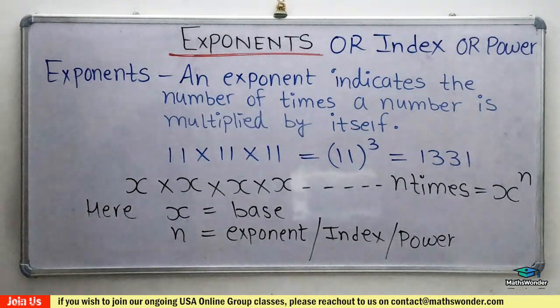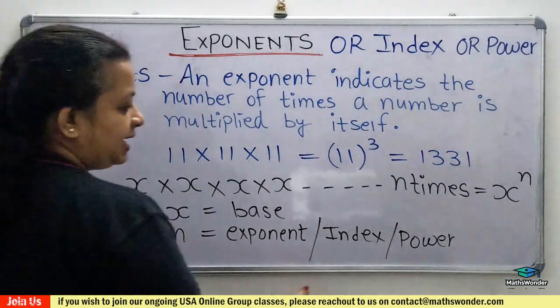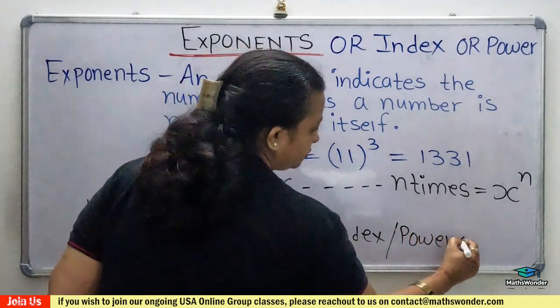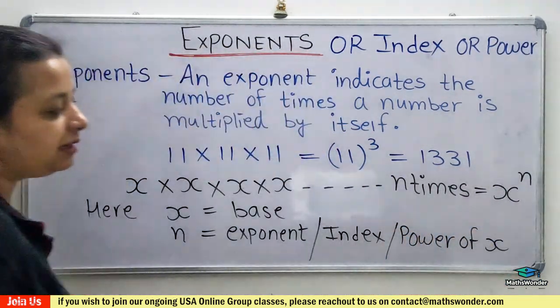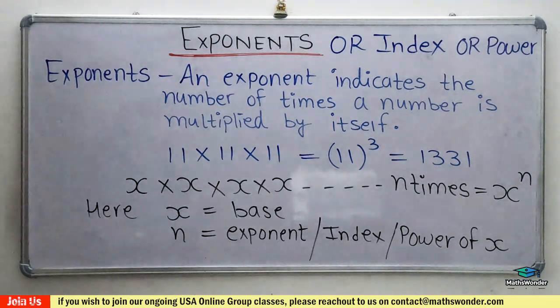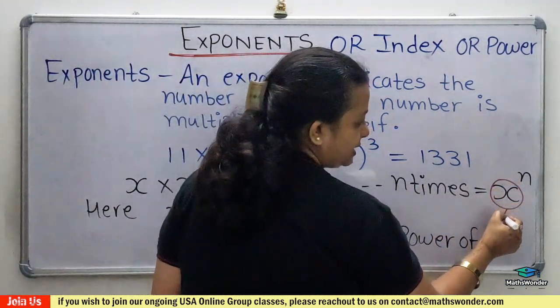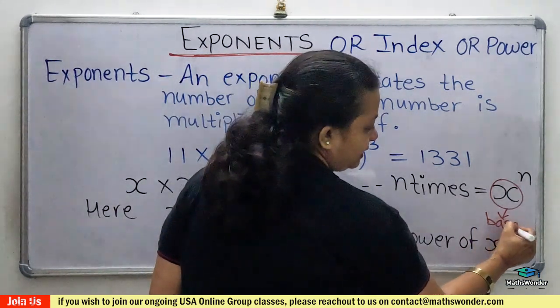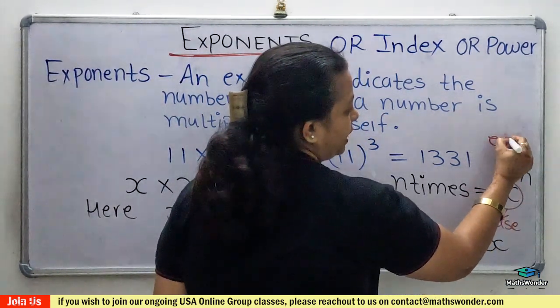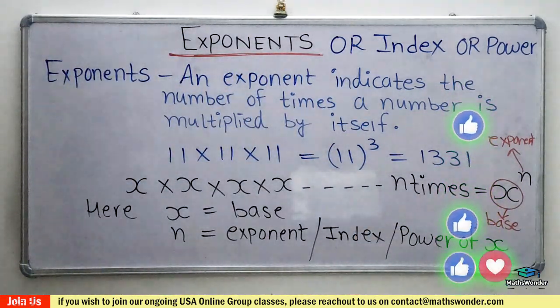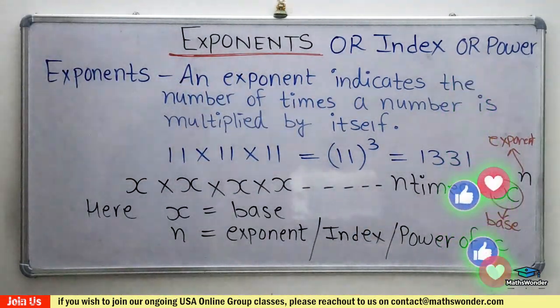So exponent, or power of x, or index. These are the basic terms. X is called the base, and this n we call the exponent. In simple words, exponent, power of x, or index, you can say that.